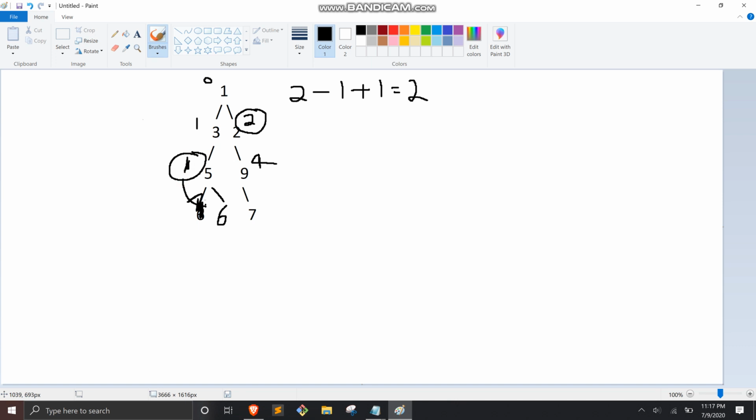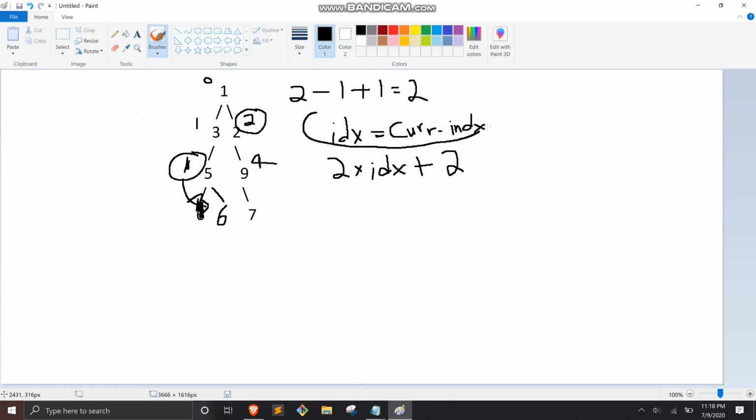So when you go down here, you take 2 times the index plus 2 whenever you're going to the right, but the index is equal to the current index, and the current index is the index of the pair that you just popped.